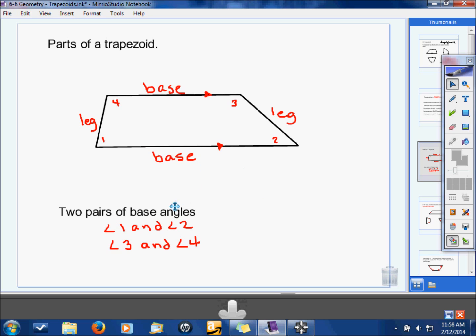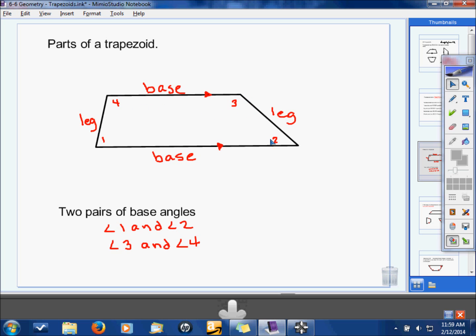On a trapezoid, there are also base angles. The pairs, the ones that you would consider a pair, have to be part of the same base. Well, the base is actually the segment. The base angles are the corners that are the ends of the same base. So 1 and 2 is a pair of base angles. 3 and 4 are a pair of base angles.